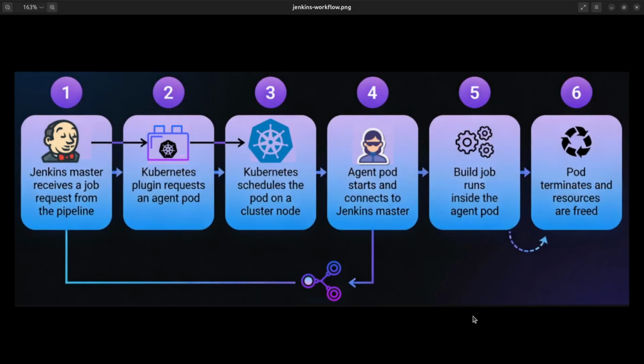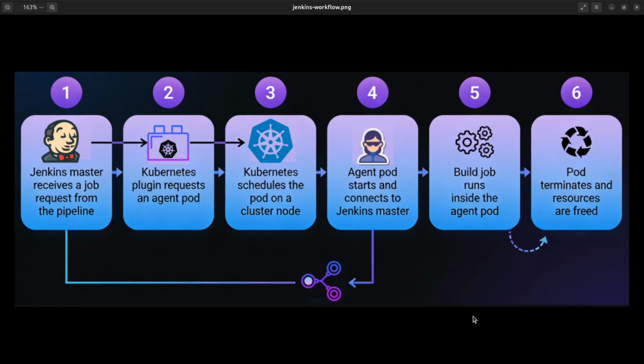Let us understand the Jenkins Kubernetes workflow. The workflow includes the following steps. Jenkins master receives a job request from the pipeline. The Kubernetes plugin sends a request to Kubernetes for an agent pod. Kubernetes schedules the pod on a node in the cluster.